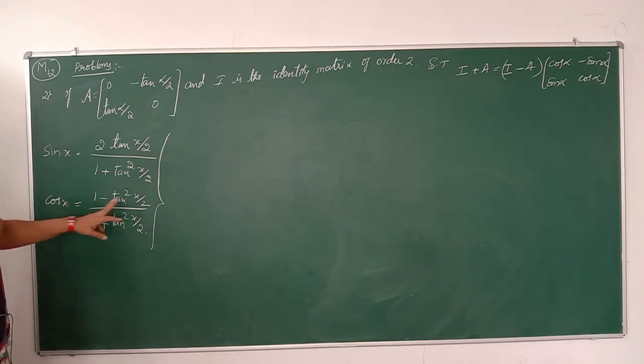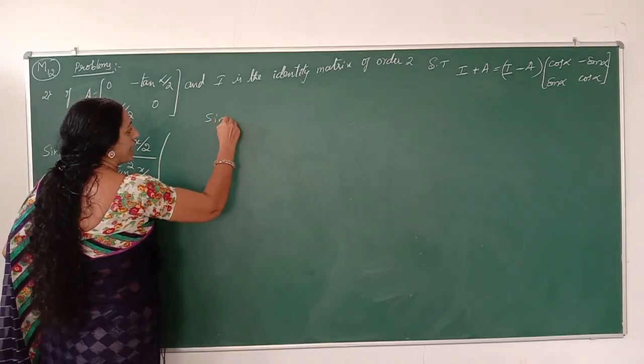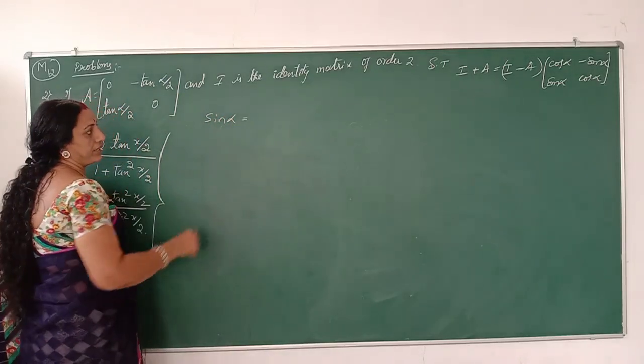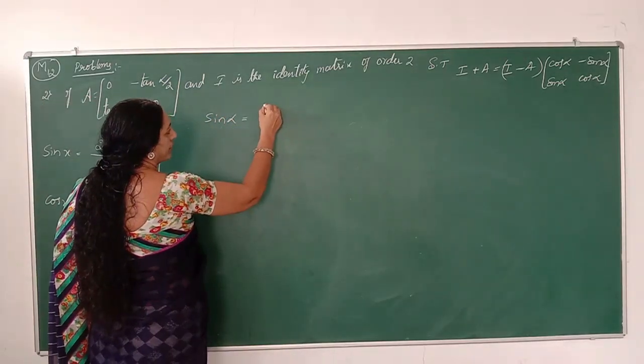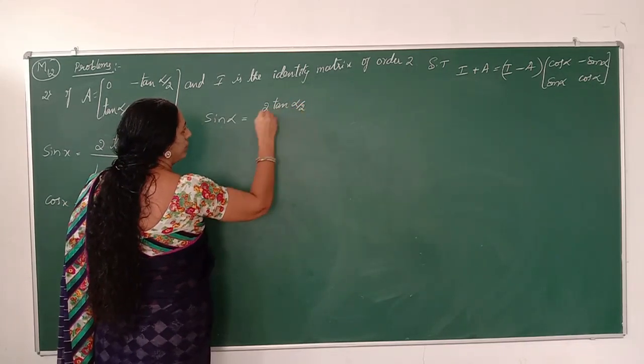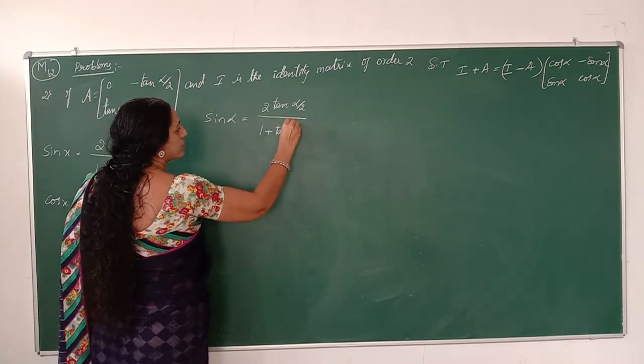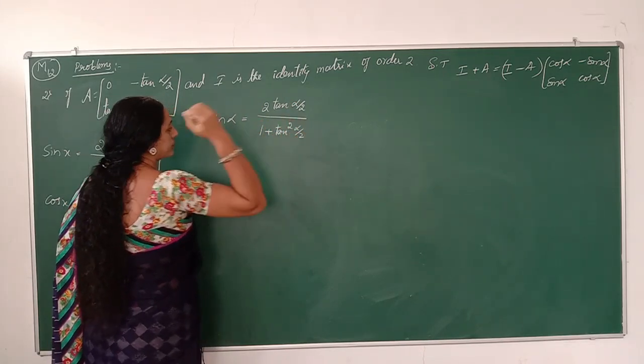Cos x can be written as 1 minus tan square x by 2 divided by 1 plus tan square x by 2. So by using that result, sin alpha can be written as 2 tan alpha by 2 divided by 1 plus tan square alpha by 2.